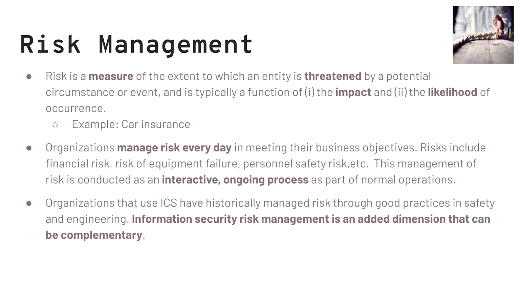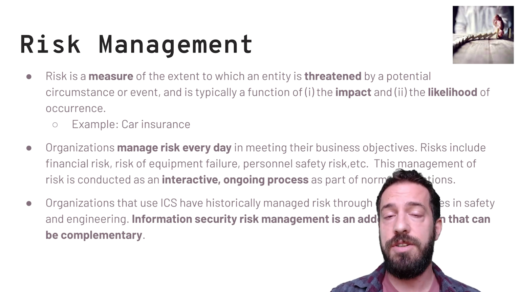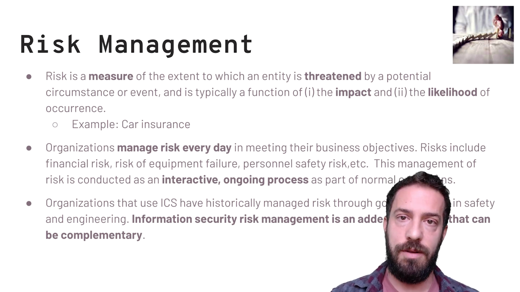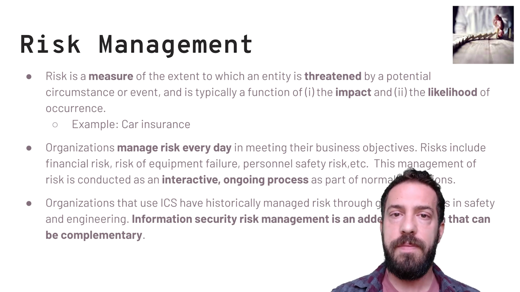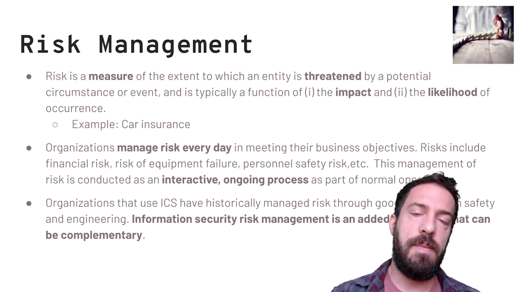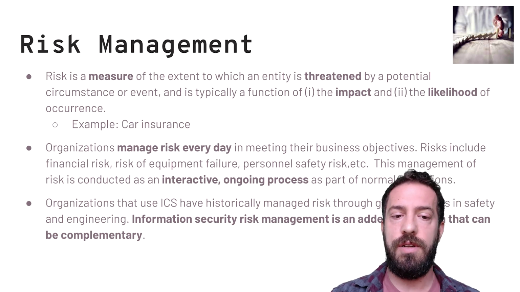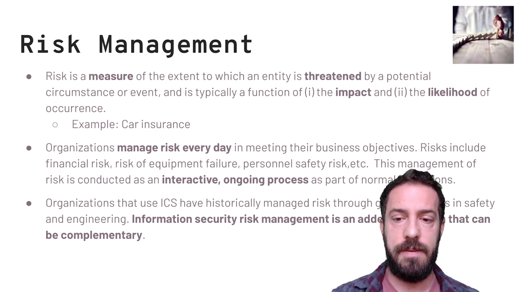And since these organizations already do a good job in managing risk for safety, managing risk for information security can be complementary to that. It can be an added dimension that can inform and be informed by the risk management for safety, in order to ensure that information security risk is also properly managed.